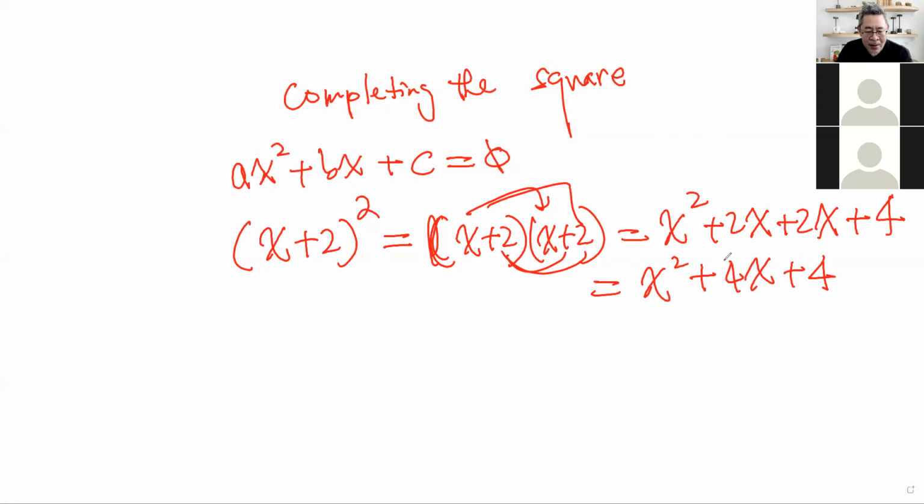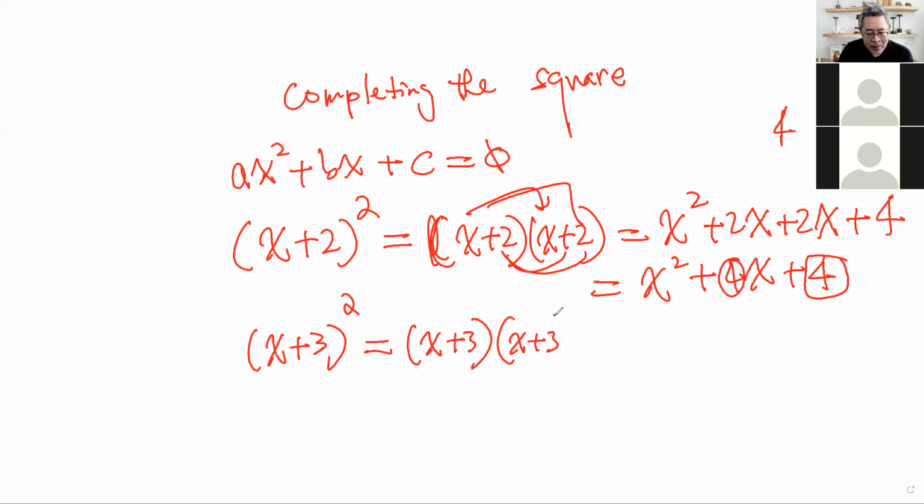Now you can see that based on this, the number 4 here is this number divided by 2, and squared. We're going to see a couple of examples to make it more clear. We've got x plus 3 and x plus 3, and same thing when we distribute it, we got x squared plus 3x, then 3x, then plus 9.